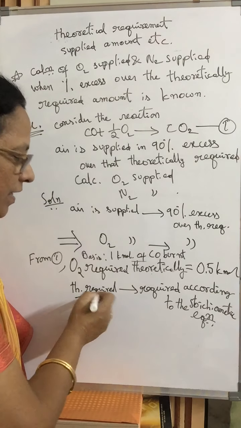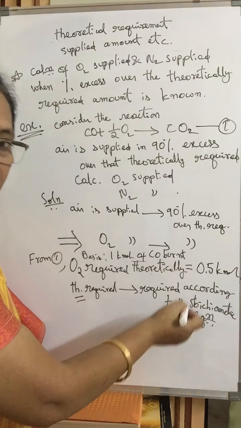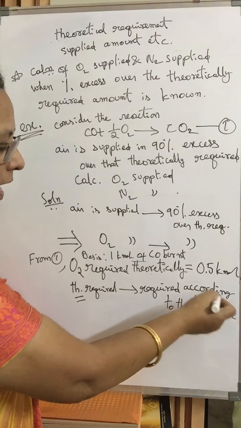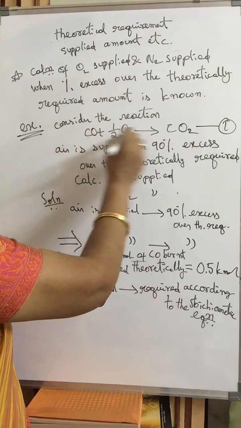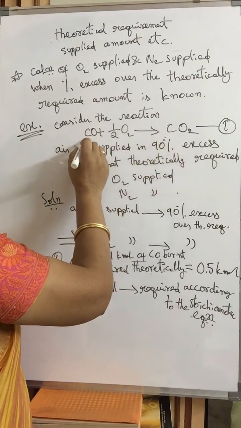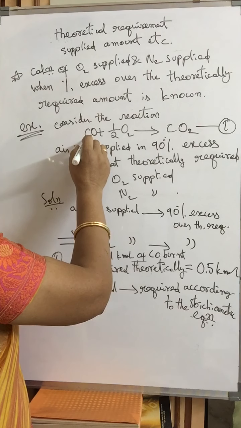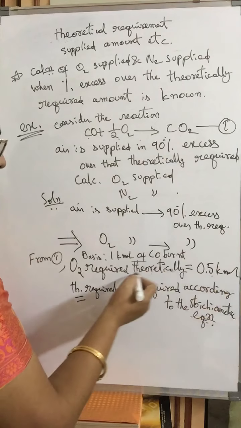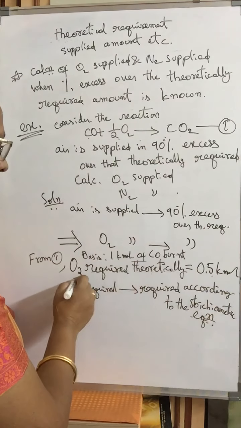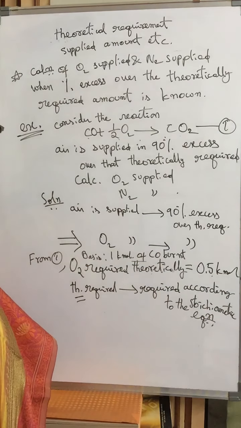Theoretically required is nothing but the amount which is required according to the stoichiometric equation. So according to the stoichiometric equation, for the oxidation of 1 mole of CO, 1/2, that is 0.5 moles of oxygen is theoretically required.